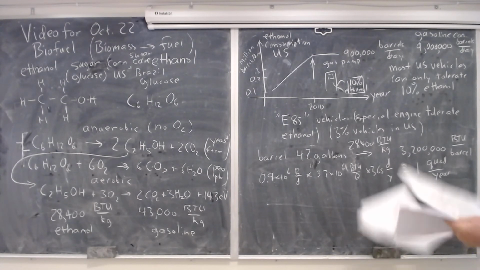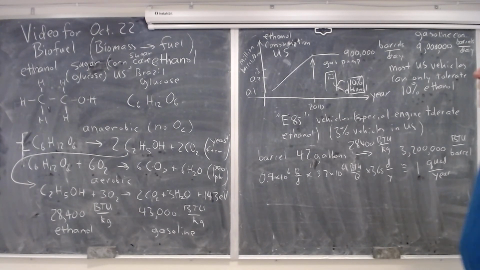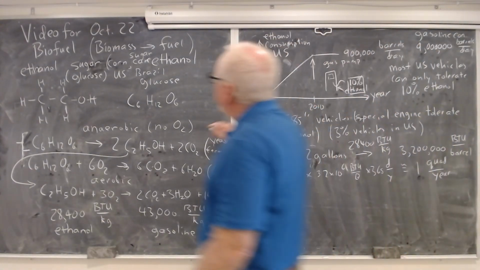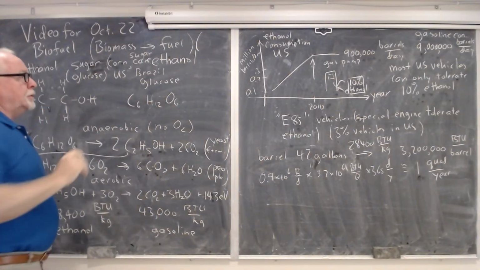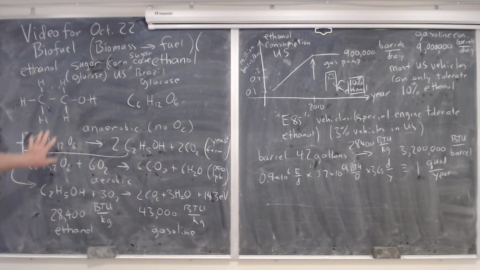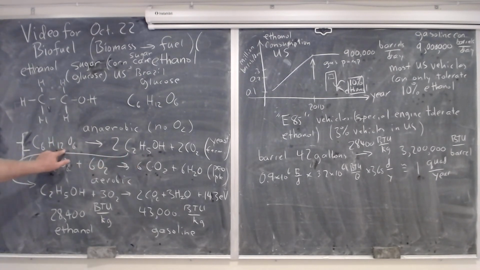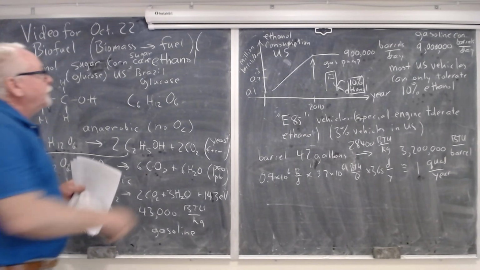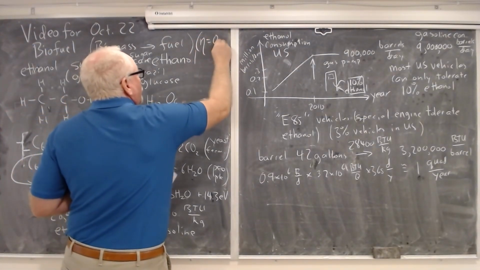Now, one final discussion is the process. What you see basically for ethanol made from sugar, from glucose, is that you get part of the energy in the glucose, and roughly the efficiency is about 0.4.